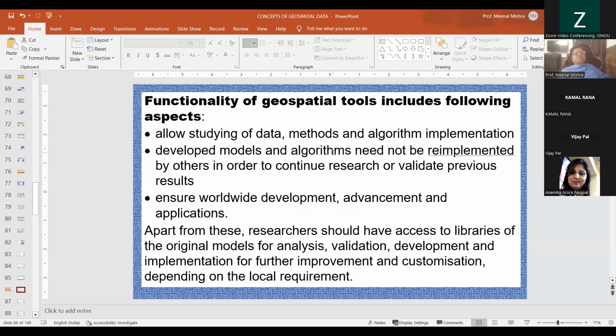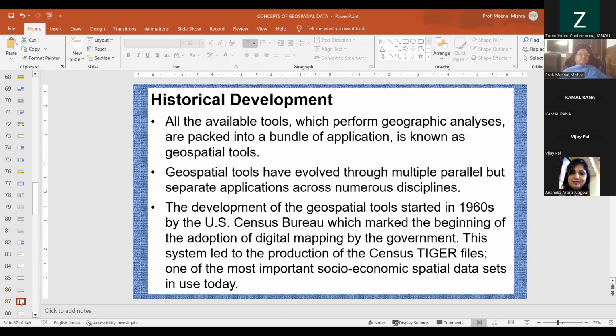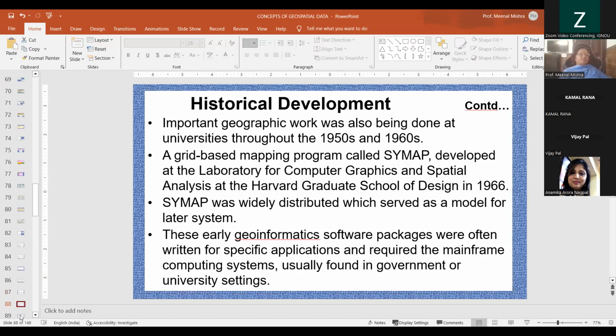They allow you to study the data, methods, and algorithm implementation. They help you in developing models, and algorithms need not be implemented by others, and they ensure worldwide development, advancement and application. I'll not go into the historical developments of all this.